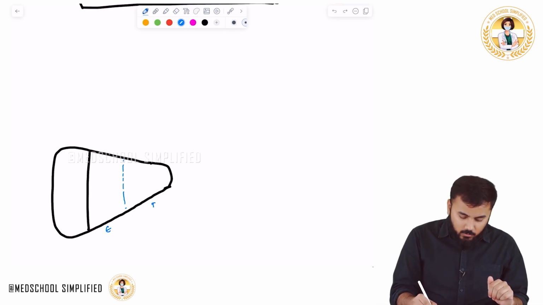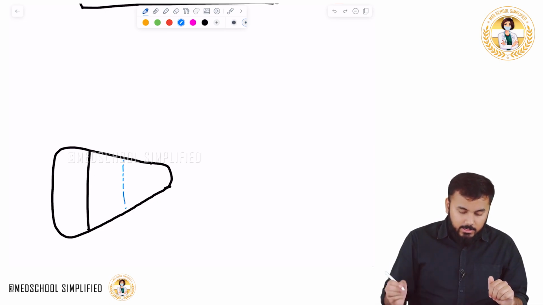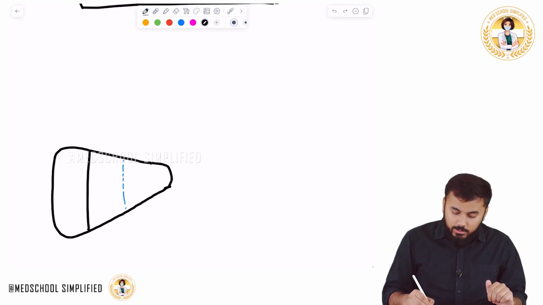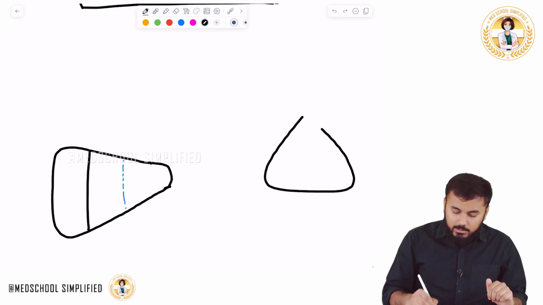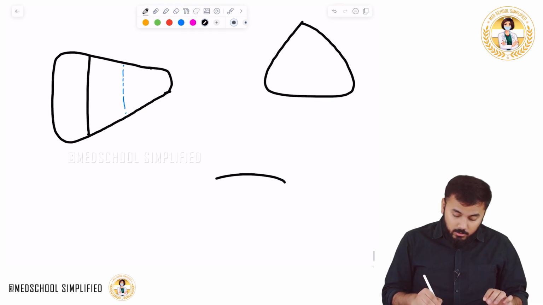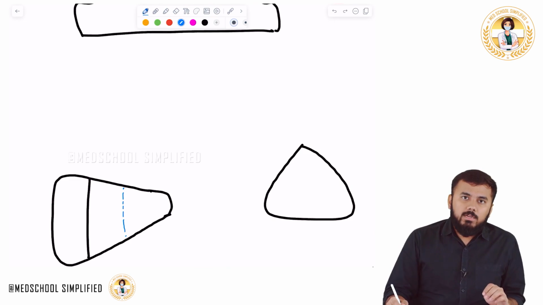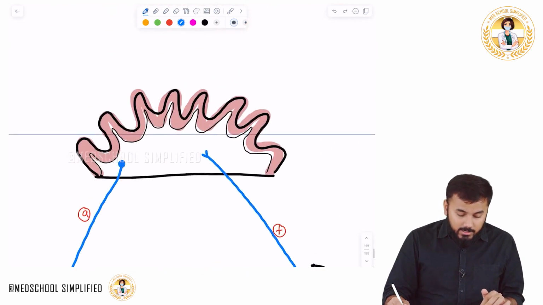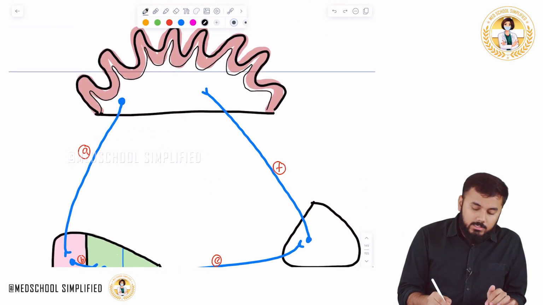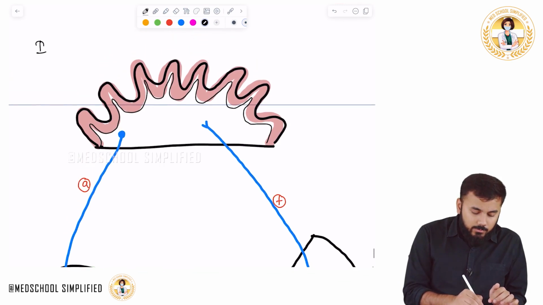Anyways, I won't write it as externus and internus now, because you already know it. And this is your thalamus, and I should also include subthalamic nuclei. Clear? So now we will discuss the direct and the indirect pathway, and this pathway over here which we discussed is your indirect pathway.